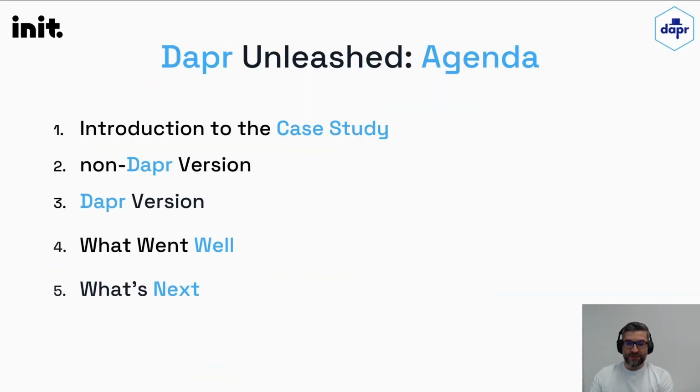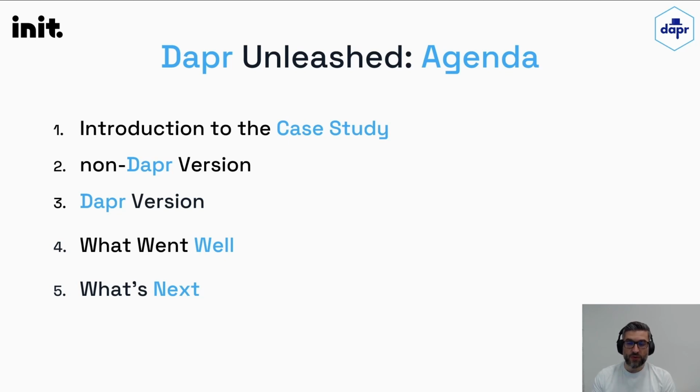The agenda for my session is the following. First of all, I will introduce a case study, a real project that has been simplified for the purpose of this presentation. This project originally started without Dapr, and due to our curiosity and passion for high-quality software engineering, we have explored Dapr and its possibilities. Once you're introduced to the case study, I will explore the non-Dapr version of the project, and then I will Daprize it.